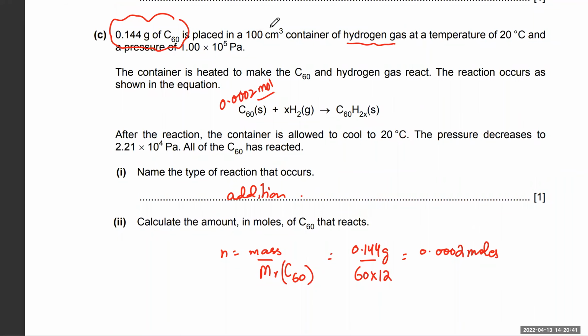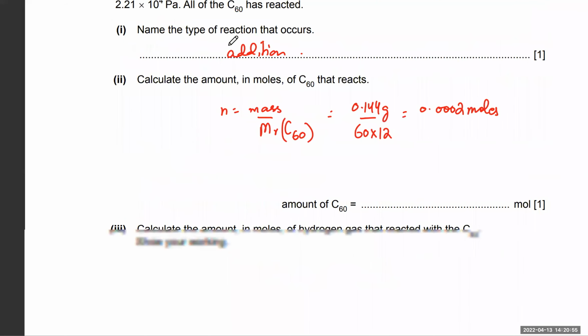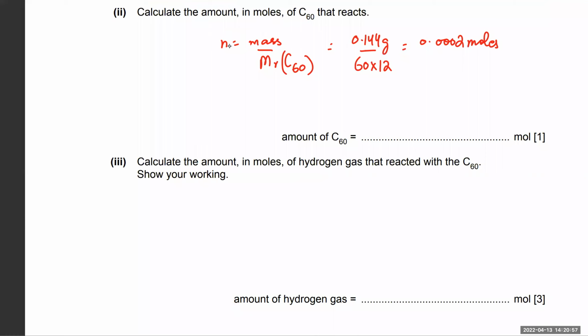It's present in a 100 cm3 container at a temperature of 20 degrees centigrade and at a pressure of 1 × 10⁵ pascals. So what you can do is use the PV ideal gas equation. You know the volume, the temperature, and the pressure. So I'm going to use PV = nRT to figure out the moles of hydrogen gas.